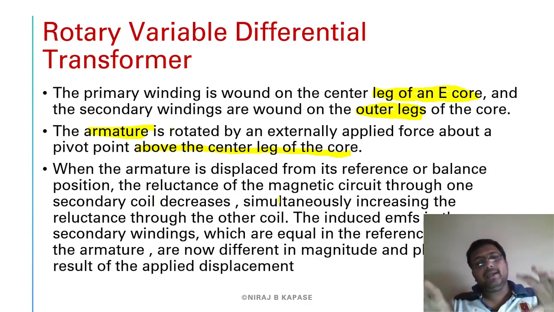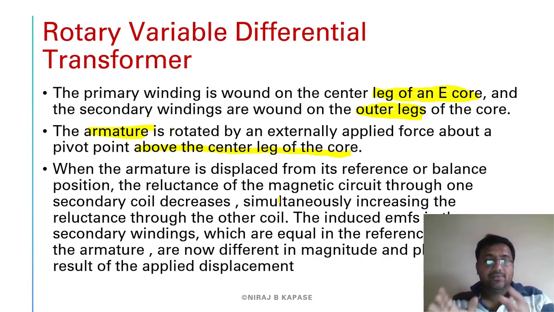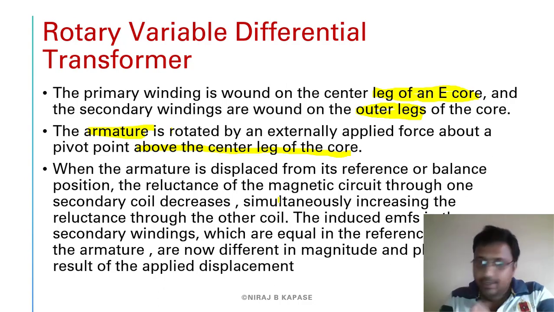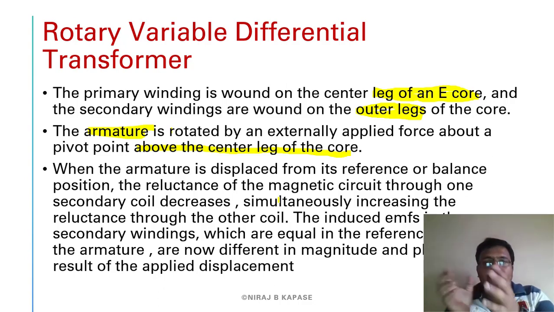One of the secondary coils gets deflected, and there is some change in the reluctance and the induced EMF, and due to that we measure the displacement. Simultaneously the reluctance through the other coil increases. The induced EMFs in the secondary windings, which are equal at the reference position of the armature, are now different in magnitude and phase as the result of the applied displacement.